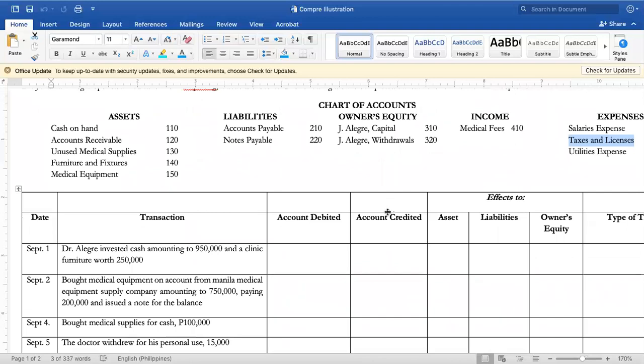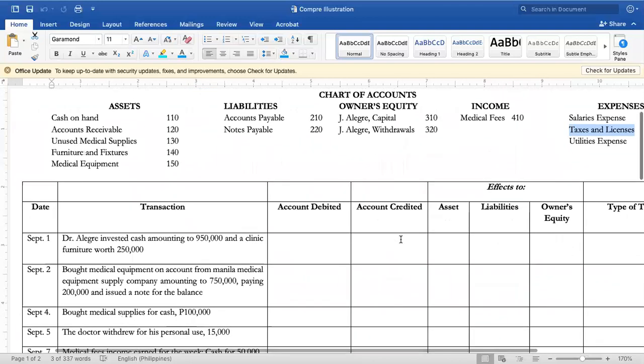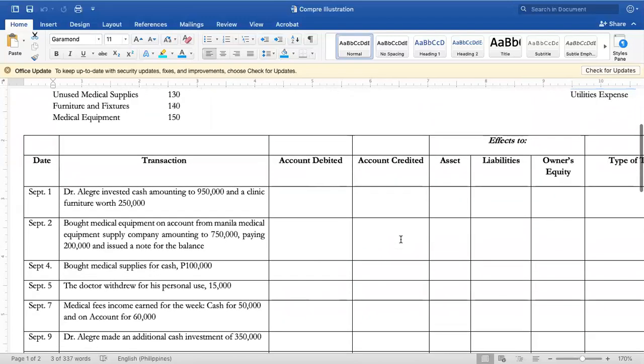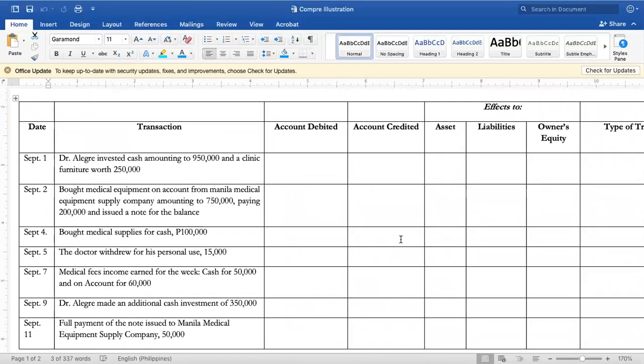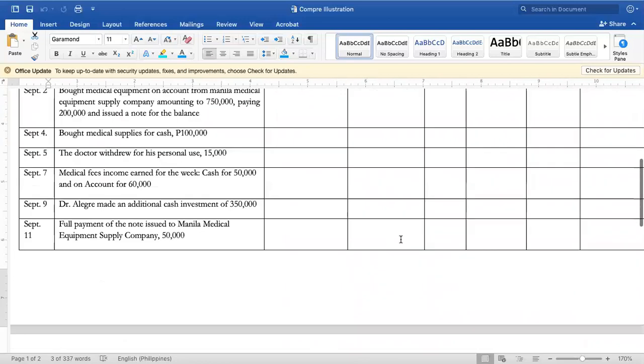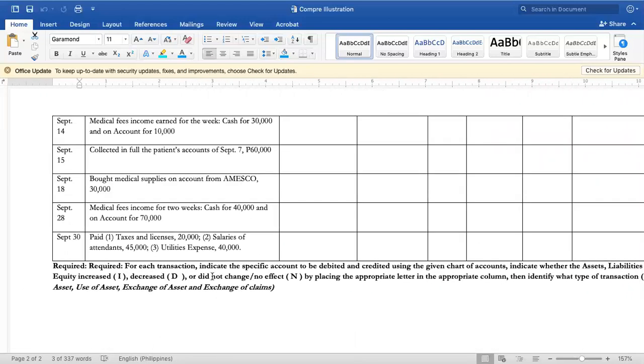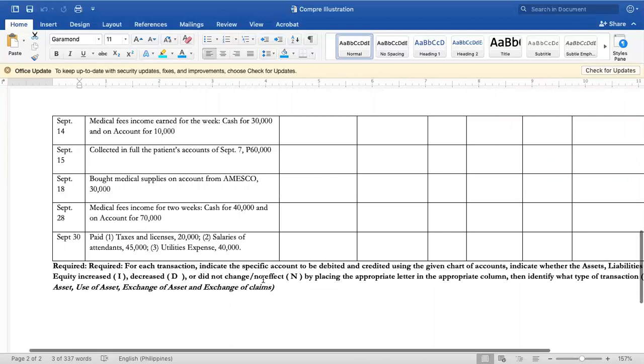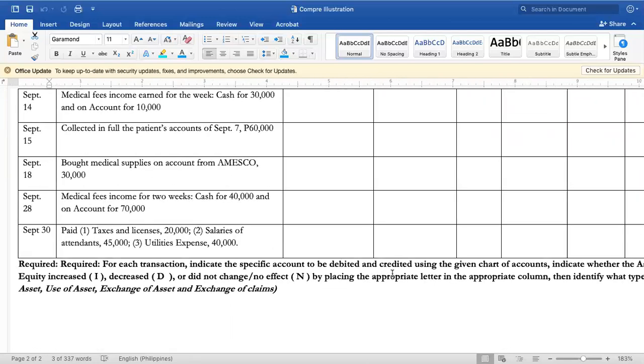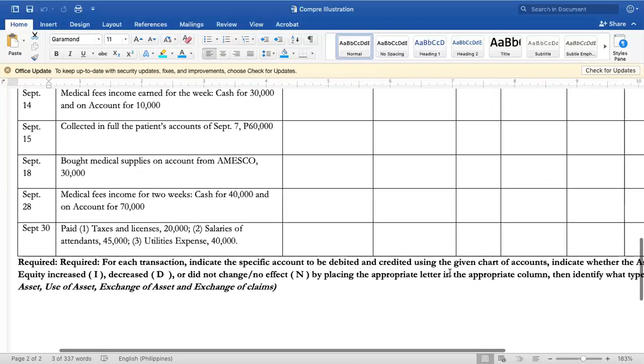Okay, so let's proceed with the illustration. Before we proceed with the transaction, let's read first the requirement. The requirement here is, for each transaction, indicate a specific account to be debited and credited using the given chart of accounts.